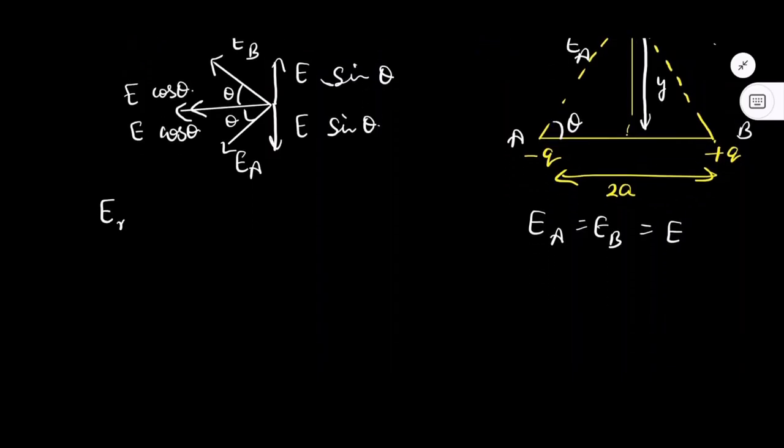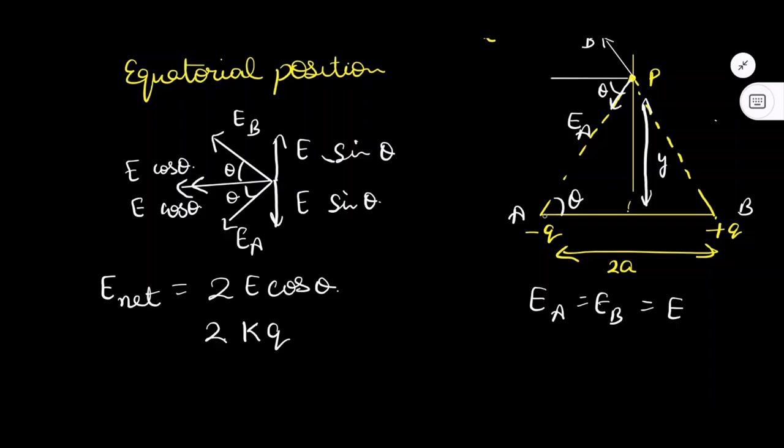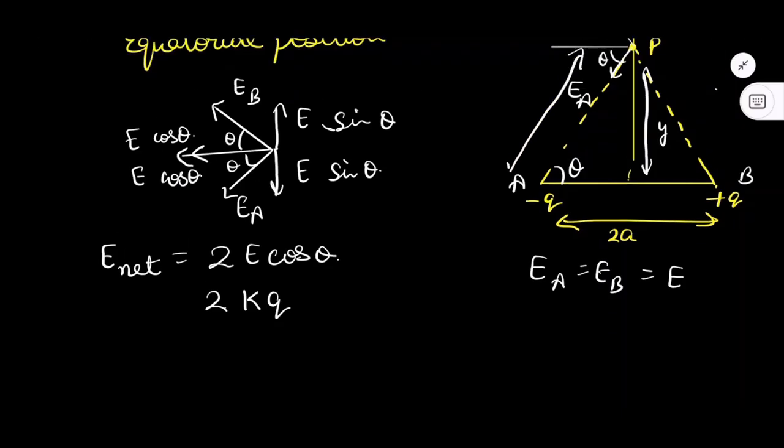So we find the net electric field, again only the magnitude right now, and it will be 2E cos theta, where the value of the electric field is kq upon the distance squared. So the electric field will be 2kq, and we have to consider this distance, which we can find through the Pythagoras theorem.